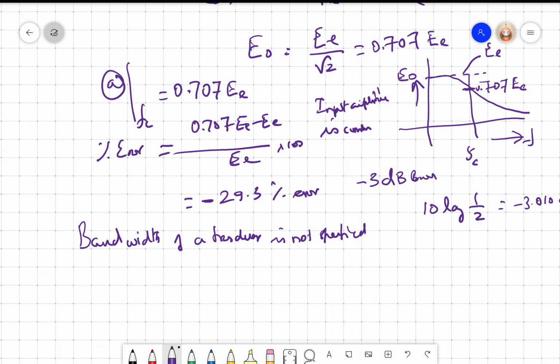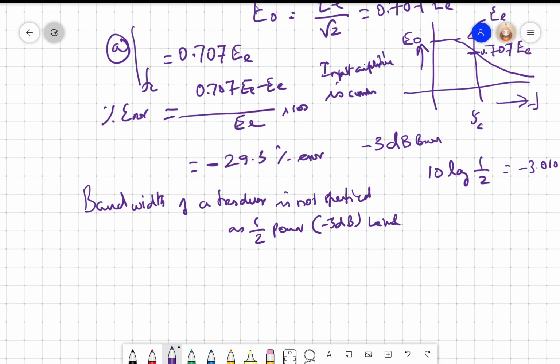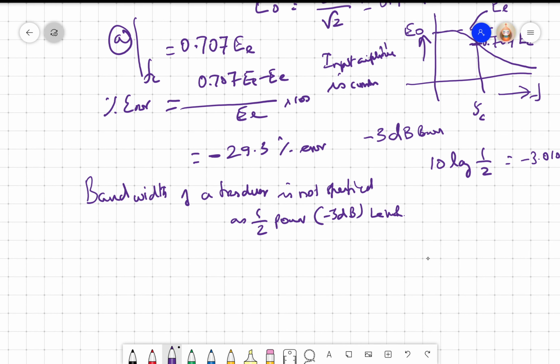or even if it is specified, it's useless, at the half power, minus 3 dB level, right? Most of the time we put the bandwidth at 0.5 dB, or sometimes even minus 0.5 dB or minus 0.1 dB level, right?